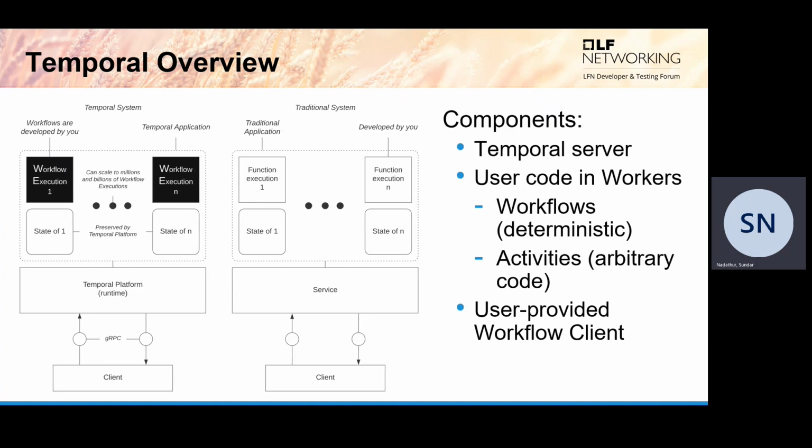So in a temporal deployment, we will see a temporal server, a set of worker processes that execute user code, which include both the deterministic workflow parts and the activities which may be not deterministic. The workflow client calls the temporal server to start the workflow and to monitor it.